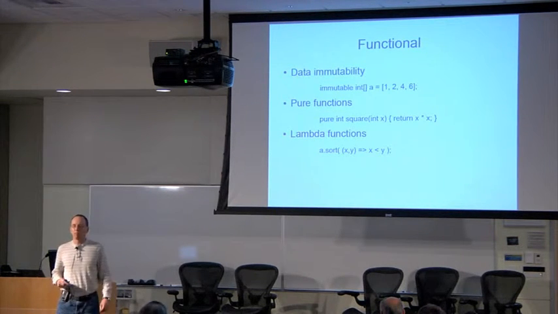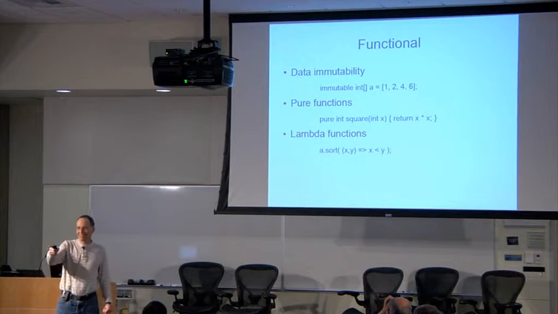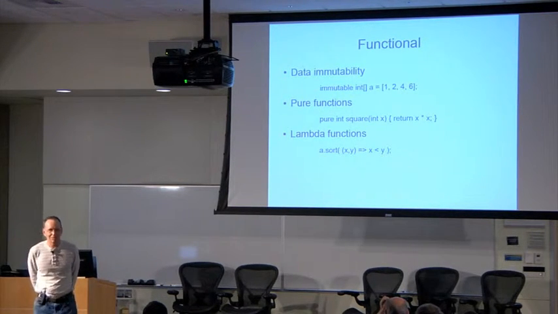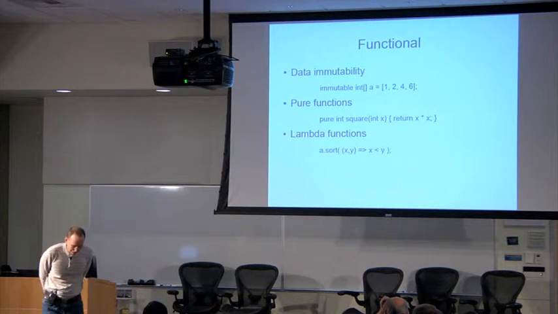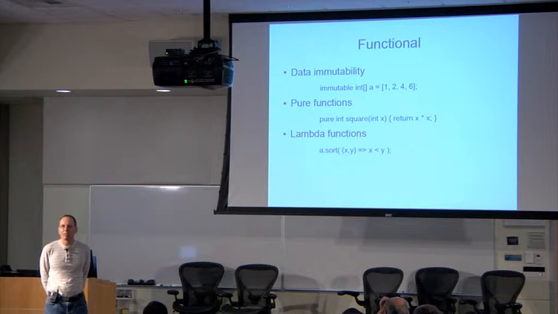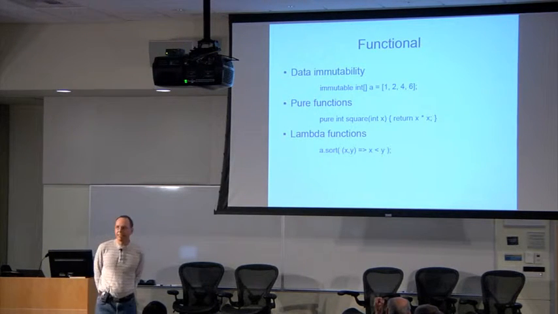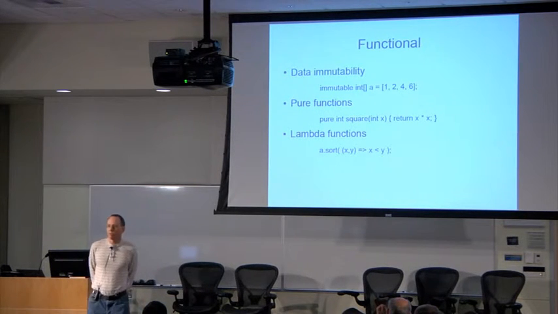How does pure change the semantics of that function? No side effects? Close. Yes, sir. No side effects on free variables. Very close. What pure guarantees is no reading or writing of global state.